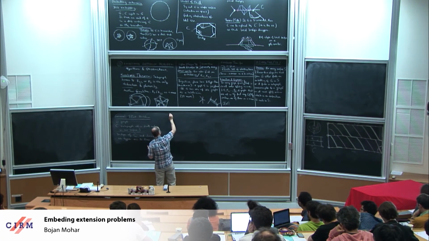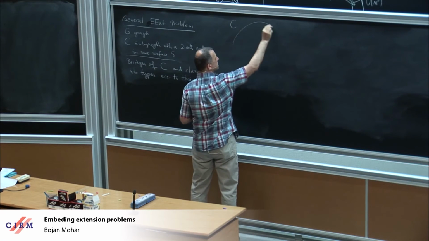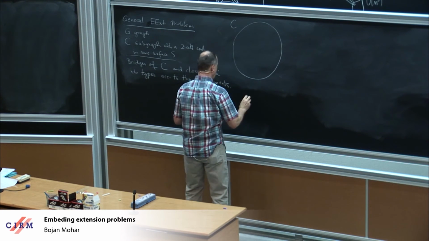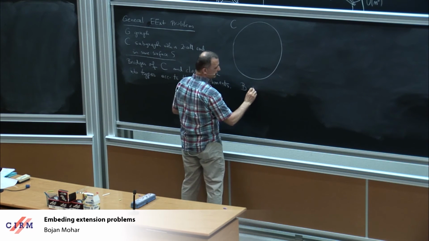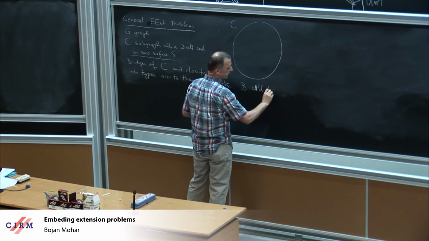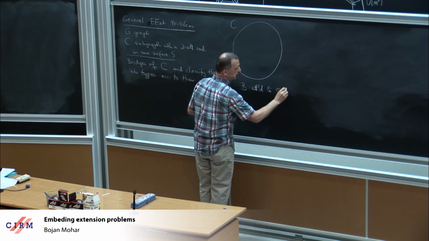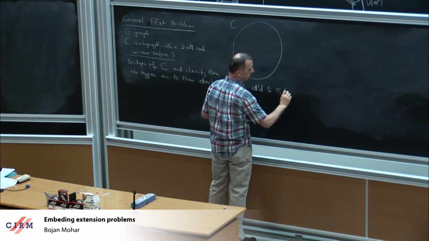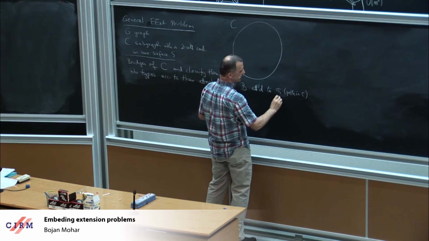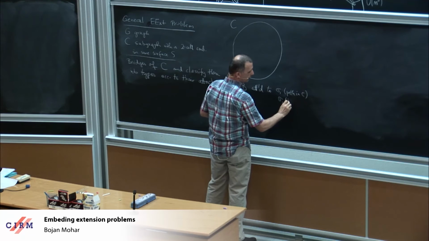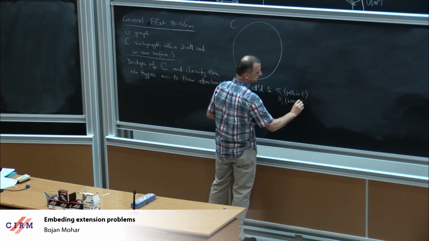So maybe C will have such a face, and B will be a bridge which is attached to maybe sigma 1, which is a subdivided path, so it's a path in C, and sigma 2, which is just a branch vertex in C.